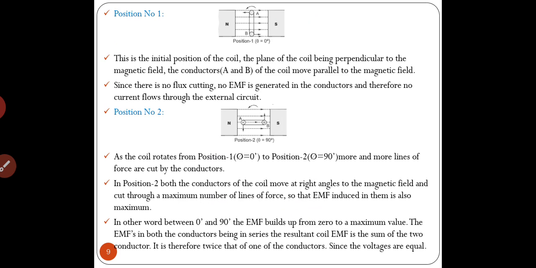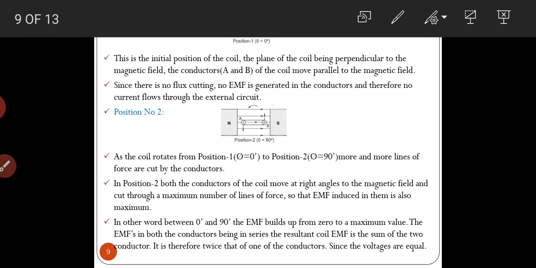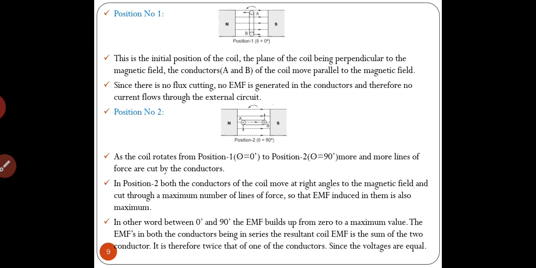As the coil rotates from position 1, phi equal to 0, to position 2, phi equal to 90 degrees, more lines of force are cut by the conductors. In position 2, both the conductors of the coil move at right angles to the magnetic field and cut through a maximum number of lines of force, so the EMF induced in them is also maximum.